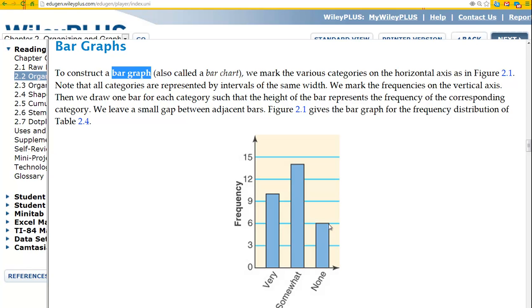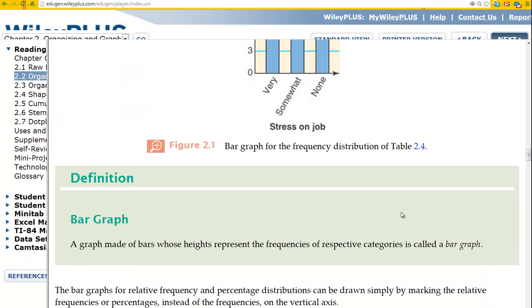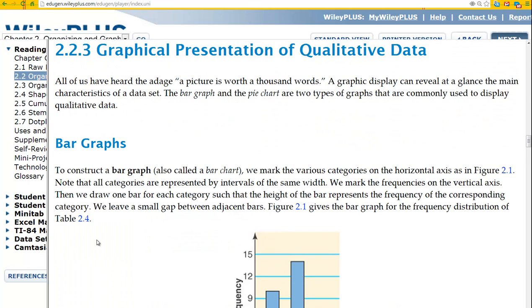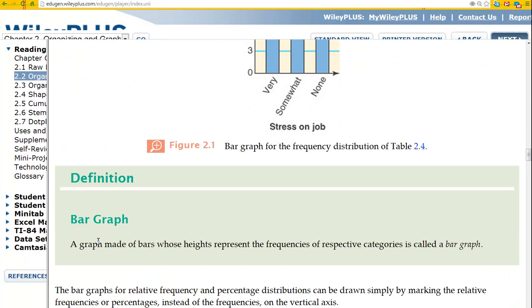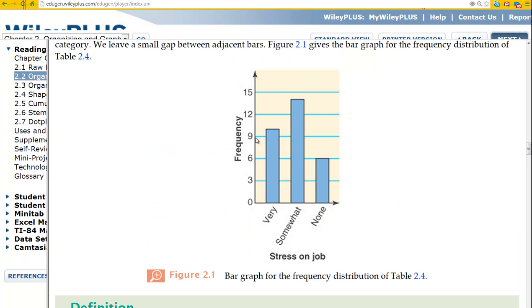Okay? So we can make this what's called a bar graph. A graph made of bars whose heights represent the frequencies of respective categories is called a bar graph. So the heights of these were the frequencies, right?